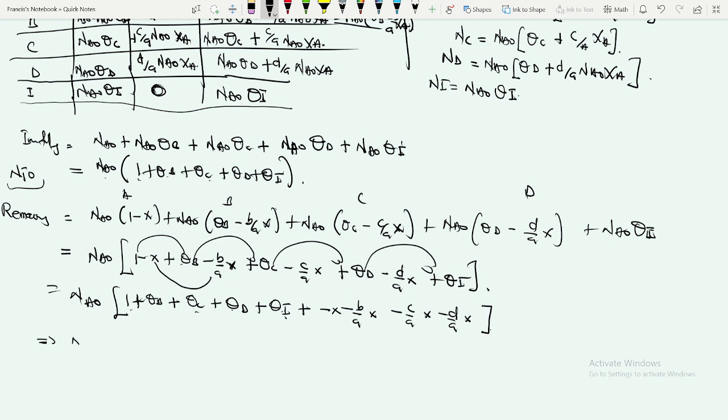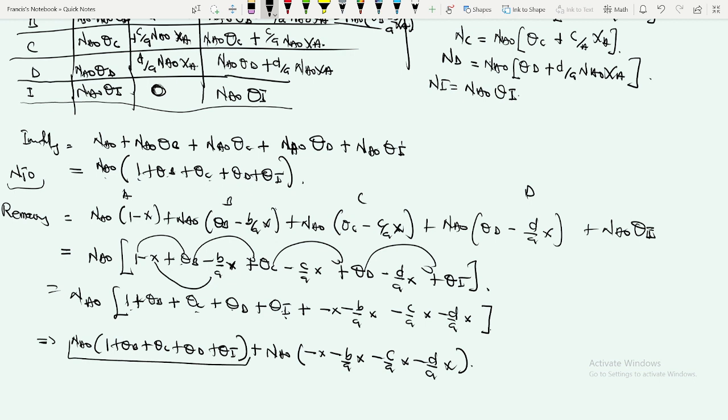So we can put in Na naught here, multiplying 1 plus theta B plus theta C plus theta D plus theta I, and then we close the bracket, plus Na naught is still going to multiply the whole of this: negative X minus b over a X minus c over a X minus d over a X. So the whole of this is our NT naught.